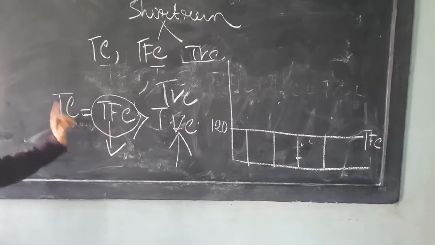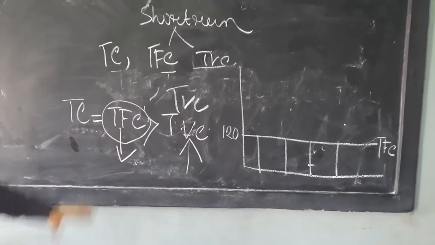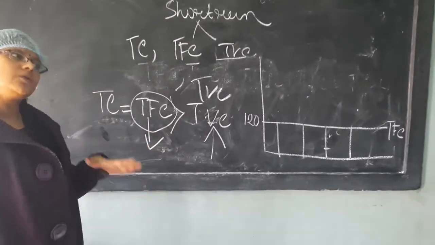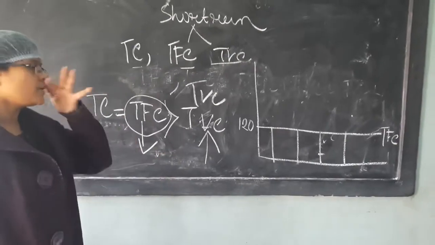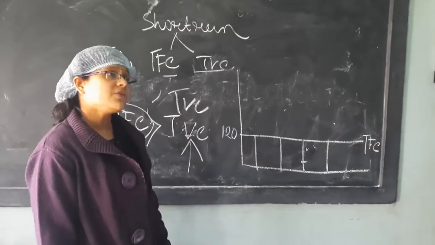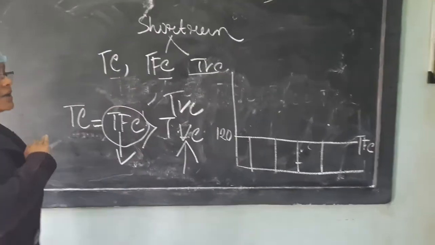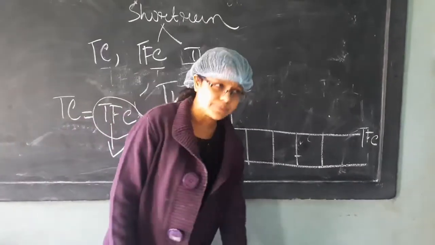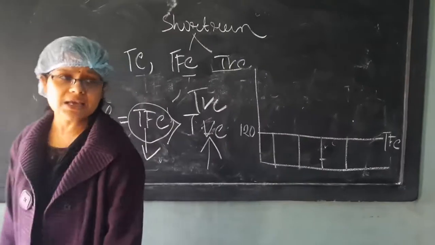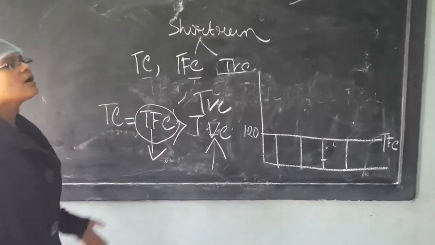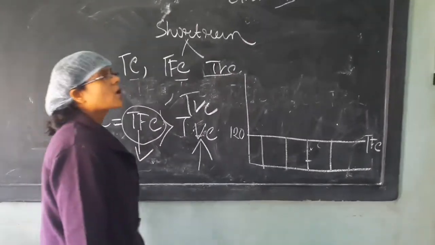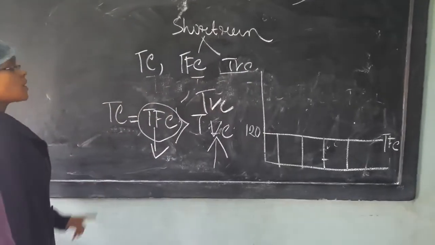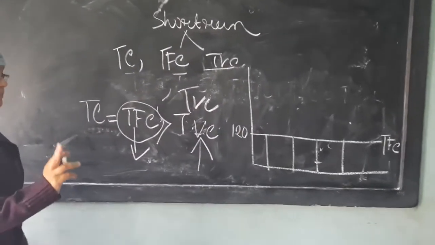Why? Because TFC is a fixed cost and TVC is a variable cost. It moves according to the level of production. Higher the production, higher will be the TVC. So at the initial stage of production, the contribution of TFC towards TC is more, but at the latter half of the production, the contribution of TVC towards the total cost is more. I have explained this one.